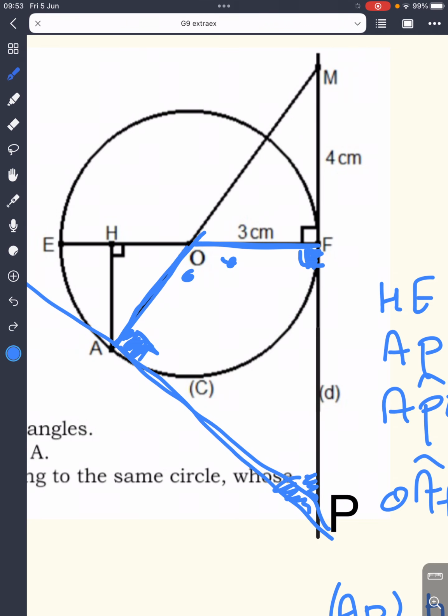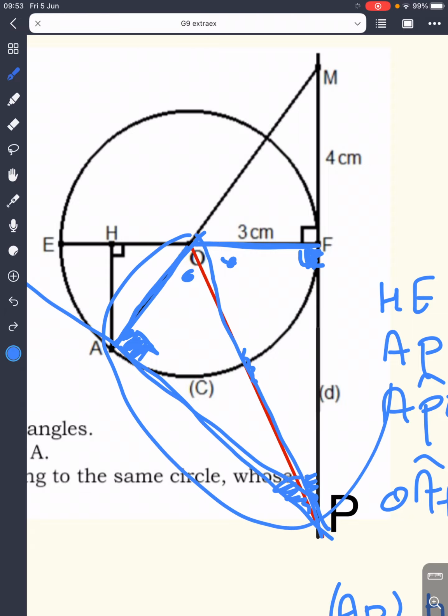And OFP is also a right triangle, so the midpoint of the hypotenuse is the center of the circle circumscribing triangle OFP. So according to the quadrilateral AOFP, since OP is a common side, and we said in both cases it is the common hypotenuse, the midpoint of hypotenuse OP is the center of the circle circumscribing this quadrilateral. Okay, that's it. If you have any question, please don't hesitate to contact me.